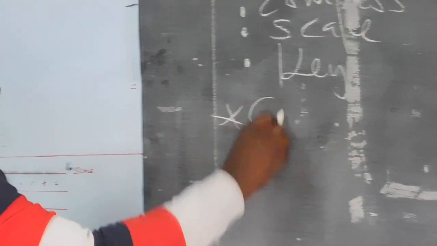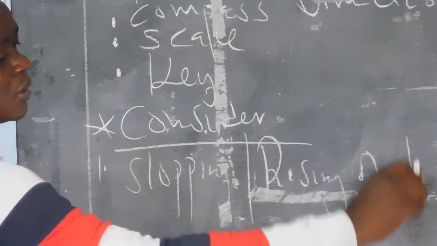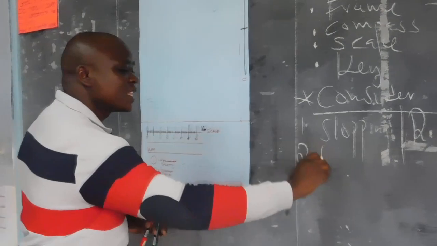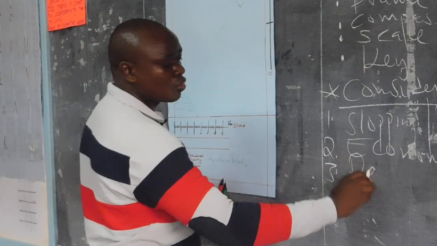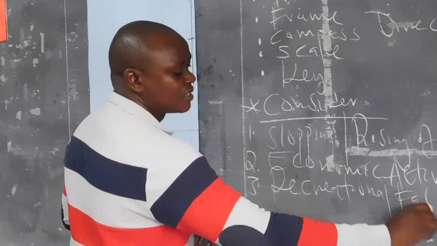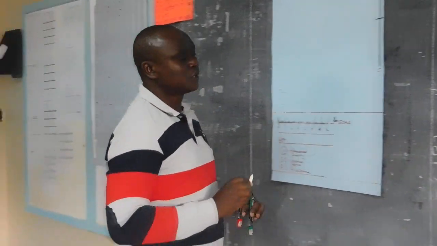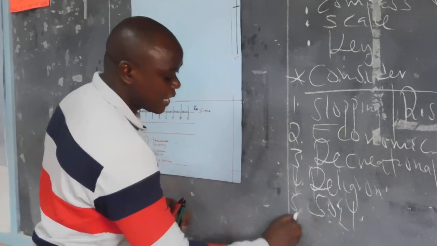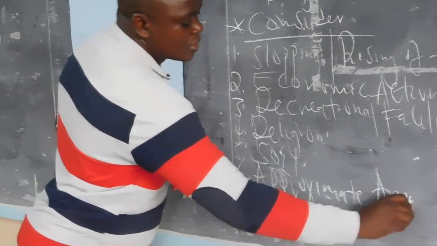So when you're answering these 7 questions, please consider the following. 1, sloping or rising of the land. 2, you can also consider the economic activity. 3, recreational facilities. 4, religion of that area. 5, the soil that is found in the area. 6, approximate area of the feature given.